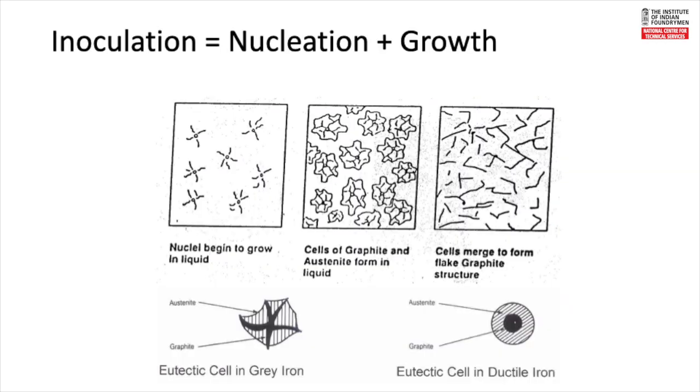So here is what happens after inoculation: nucleation plus growth. You are providing the external nuclei and they start growing by taking out either austenite or carbon.